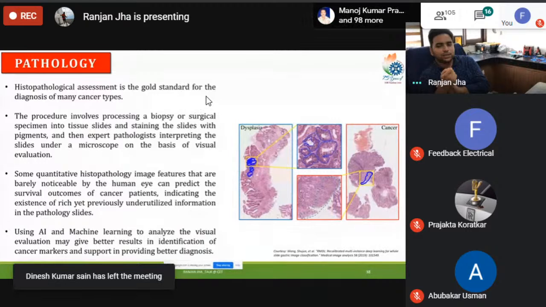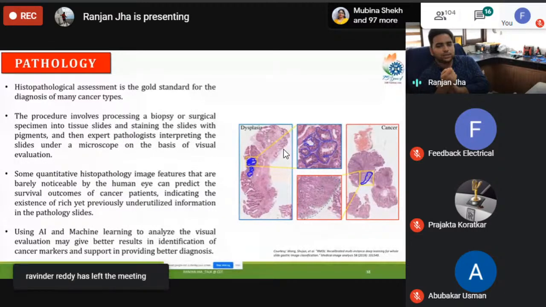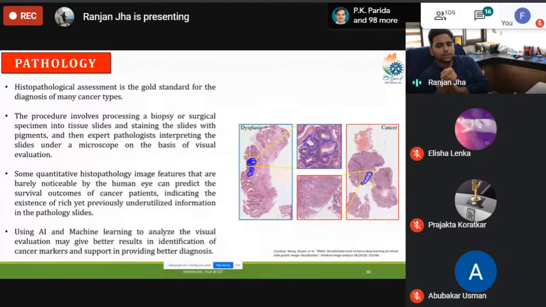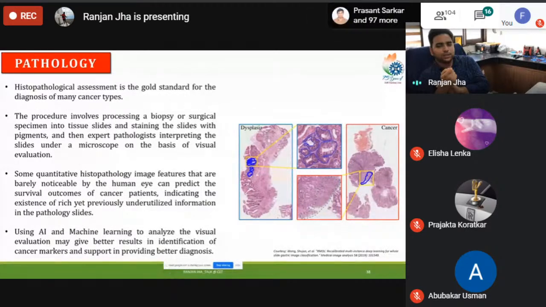It depends upon your program or algorithm, not on the human or the capability of the human eye, to scan those images and see if there are some changes or attention required. So using AI and machine learning to analyze the visual evaluation may give better results in identification of cancer marks and support better diagnosis. Once these images are captured, at this pre-stage a machine can tell, okay, now attention is needed. Then an expert can verify whether it is required or not.